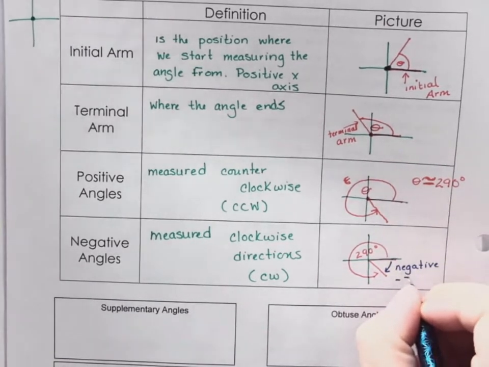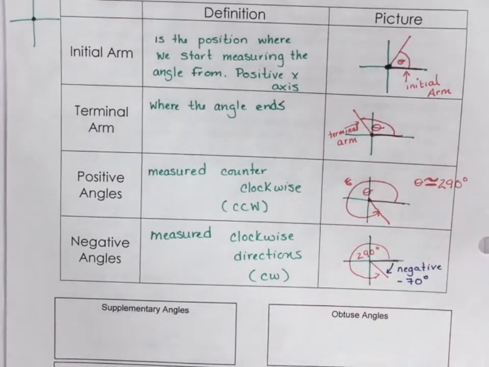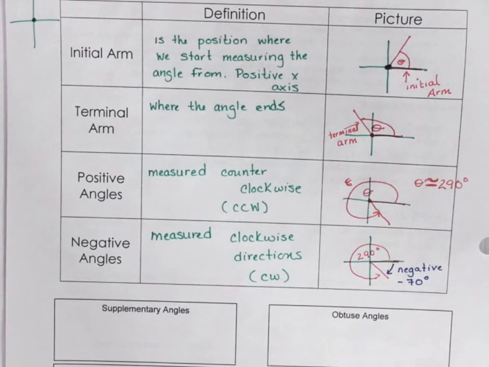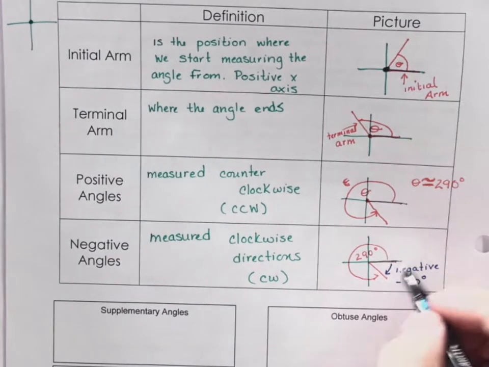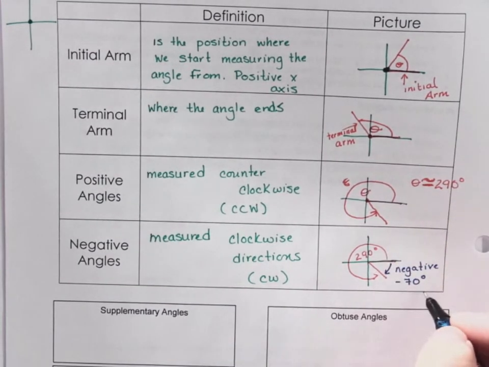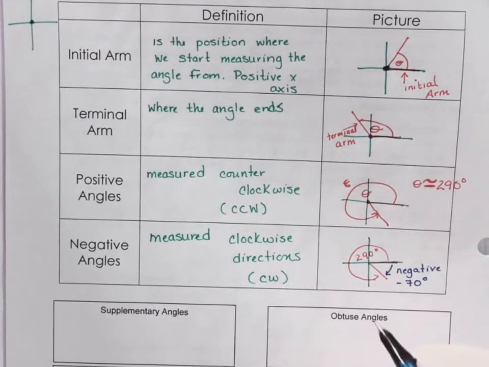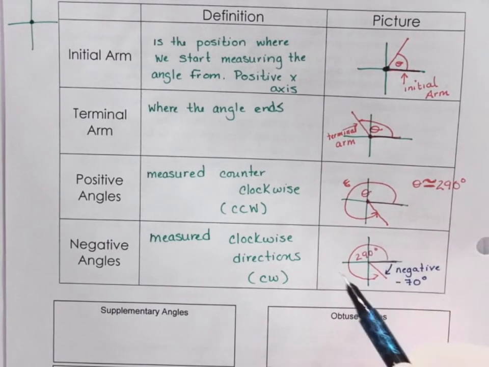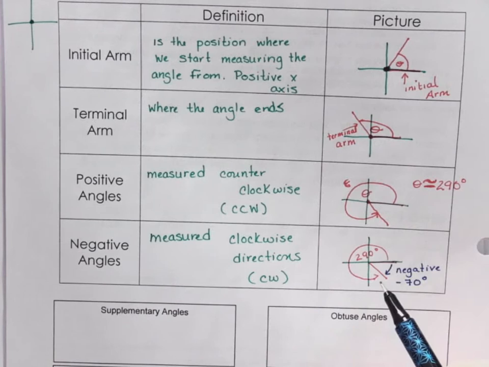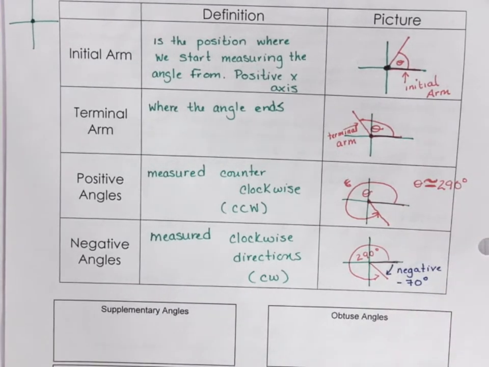Negative 70 degrees. So if we measure this way, it's negative 70, and you end in the exact same place as a positive 290. We refer to those as coterminal angles because you still end in the same place, but you have two different ways of getting there.